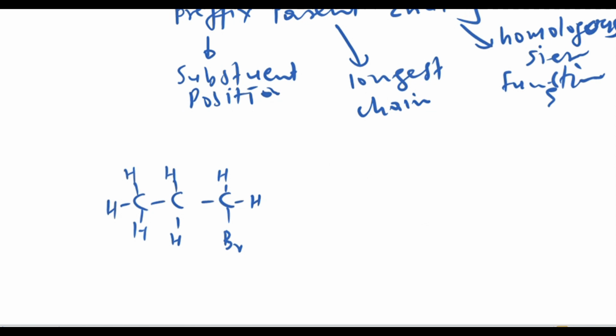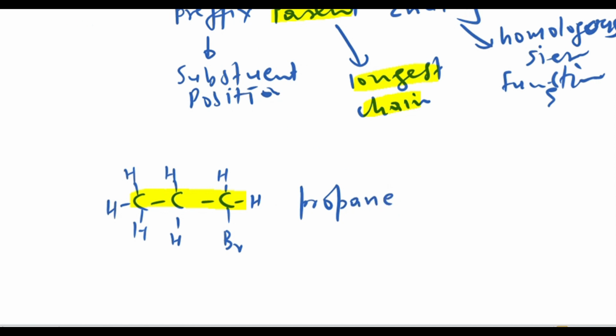The first thing you need to do is identify the parent, that is the longest chain. The parent has 3 carbon atoms, that is prop. Let me write that, prop. That is the parent. Since we are talking about haloalkanes, I'll just put "ane" here.